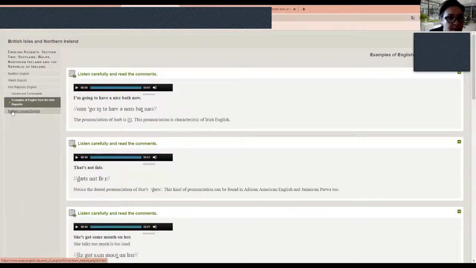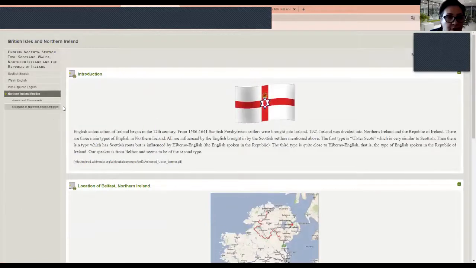So the last is the northern variant of English. Here is some information about Ireland. It is situated in the territory of the United Kingdom. It is Northern Ireland.